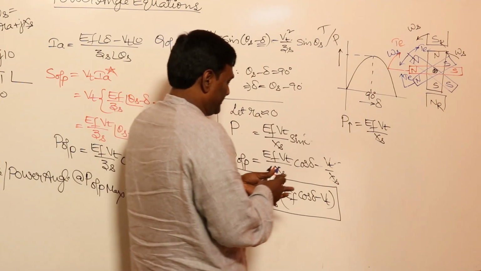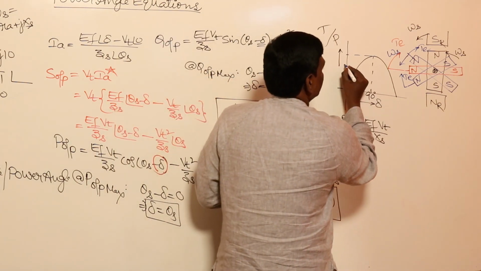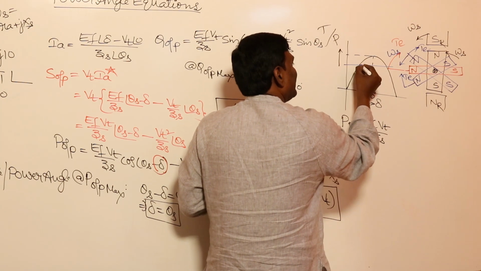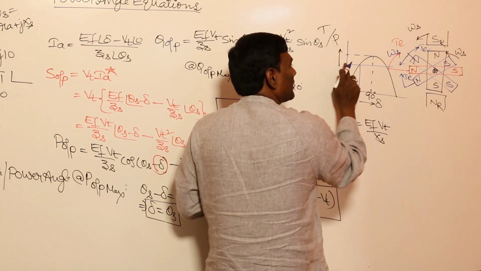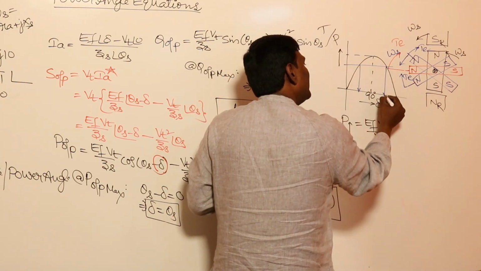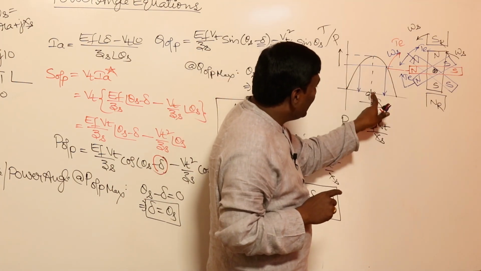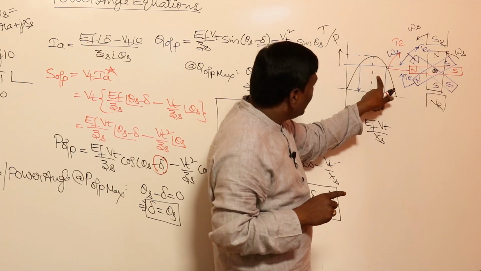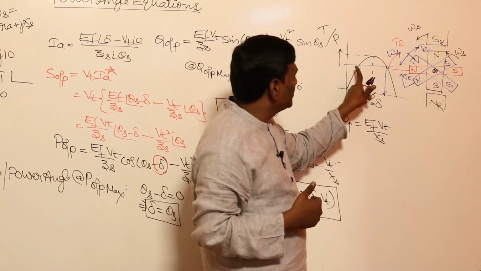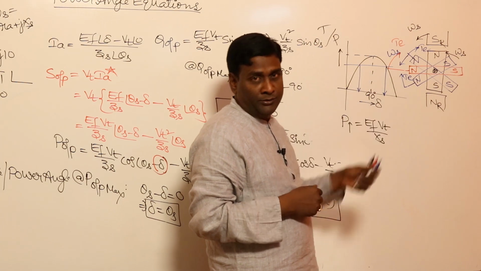Now if you come back here, for example the blue condition, when delta is less than 90, power or torque will be there. When delta is more than 90, the same torque will also be there. But at delta equal to 90, maximum torque is coming. At delta less than 90, torque will be reduced. At delta more than 90, torque will be reduced.